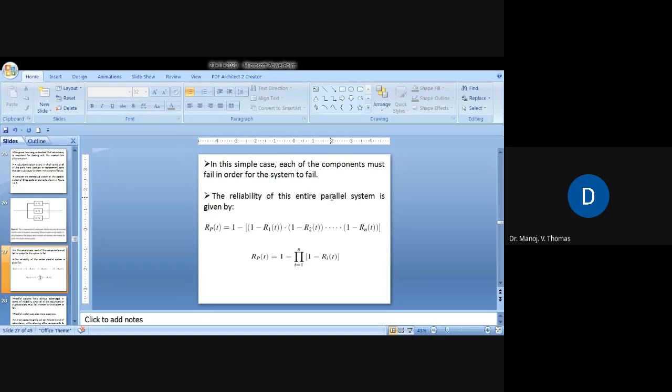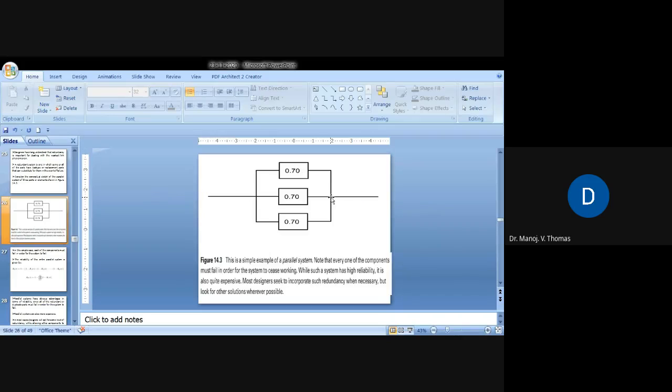So the reliability of this parallel system is 1 minus the product of (1 minus Ri(t)), where Ri is a reliability. So how do we arrive at this equation? Initially, it may be confusing. Just keep in mind, for one system 0.7, second system 0.7, third system 0.7. The system will fail altogether only when all the systems fail. So we need to calculate the probability of failure of the entire system, that is, when the individual systems fail. 0.7 is the reliability.